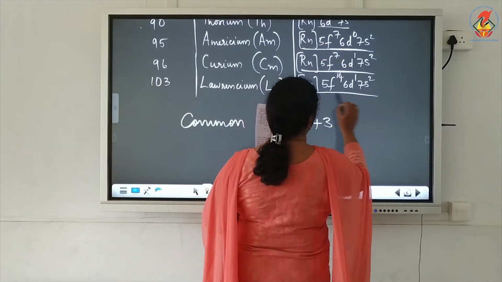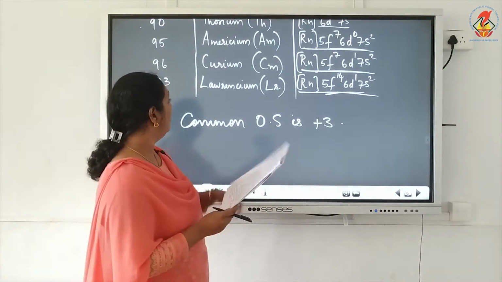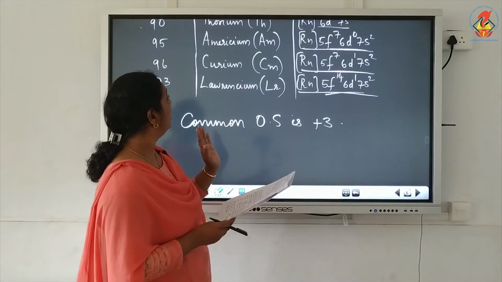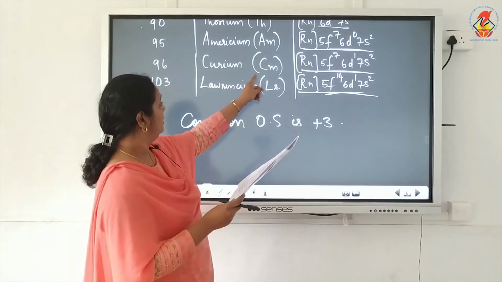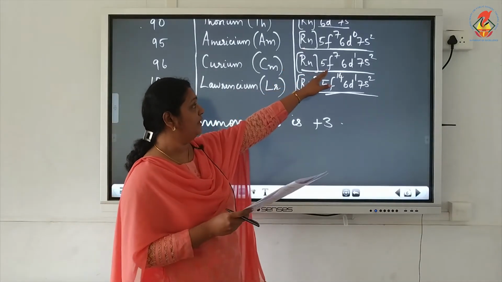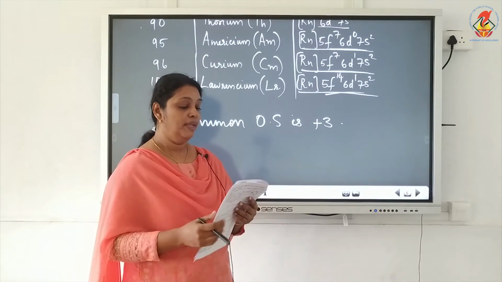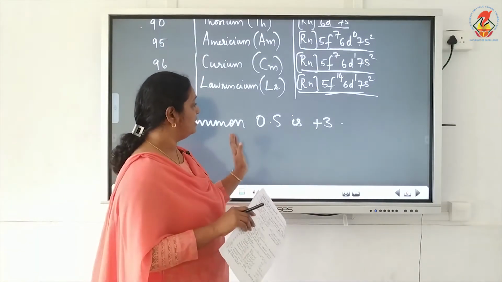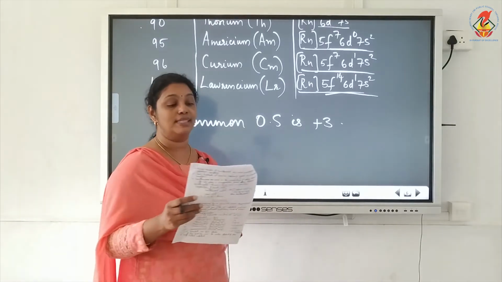They have taken this configuration to get extra stability due to half filled and completely filled orbitals, and curium, that is Cm, is half filled to get extra stability due to the half filled f orbital. Besides +3, they take +4, +5, +6 and +7.